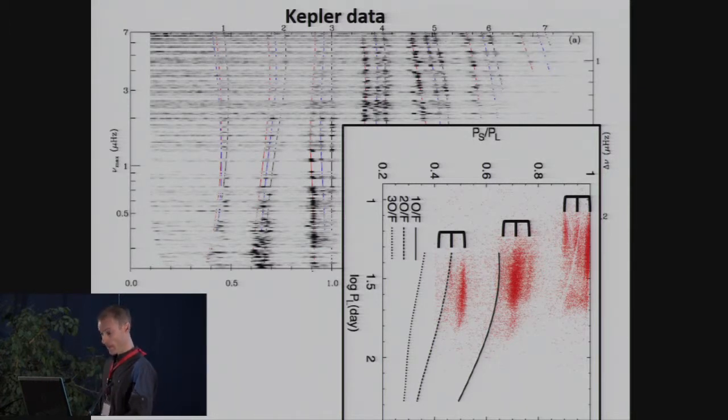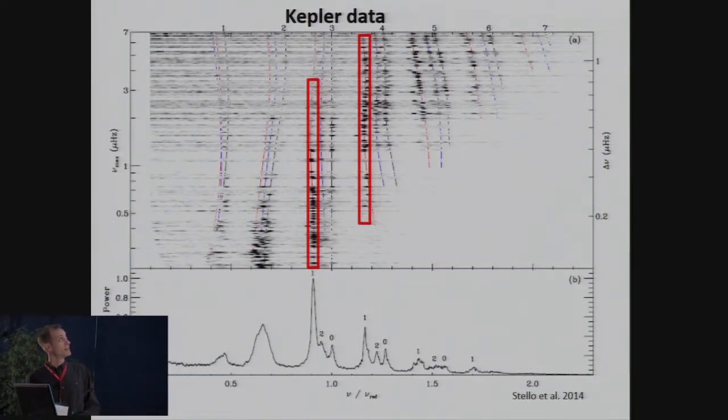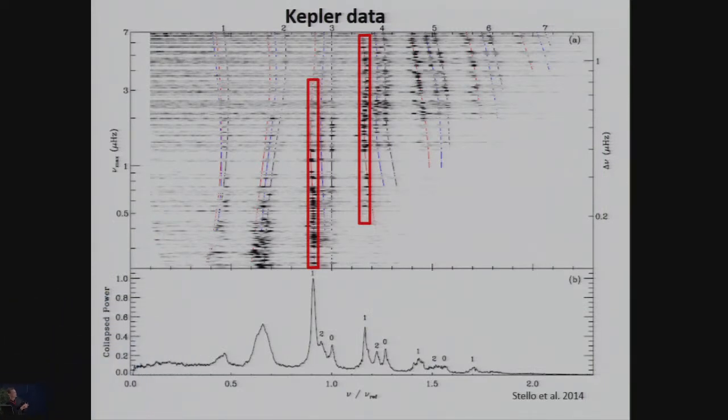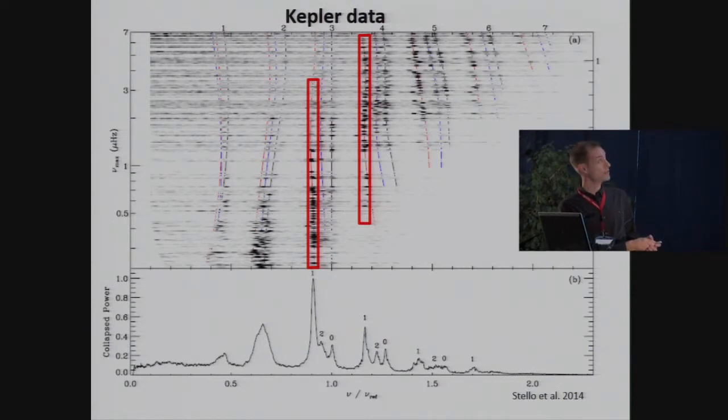So another striking result from this diagram that we noticed straight away was that the dipole modes, which we now know is that guy sitting there, has an enormous power. And that power relative to the radial mode seems to increase as we go to lower frequency or higher luminosity giants.